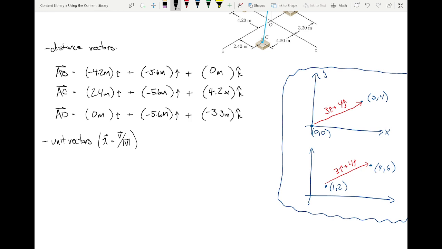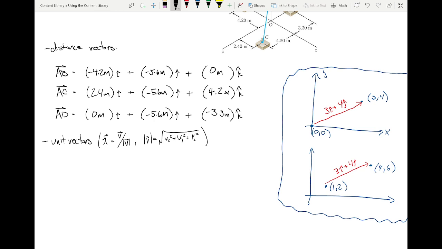How do you find the magnitude of a vector? Boom, Pythagorean theorem. So what I'll do is I'll say the magnitude of V is that.